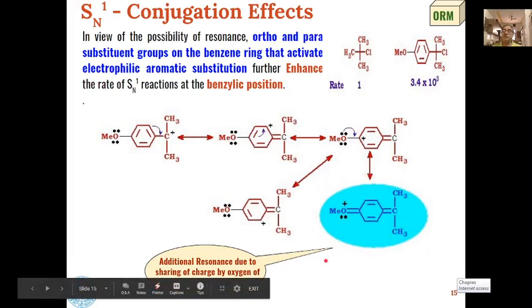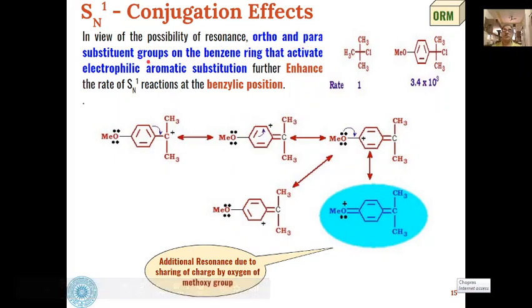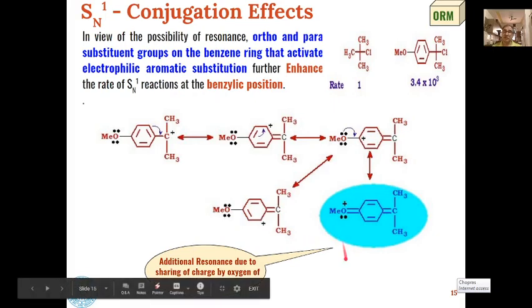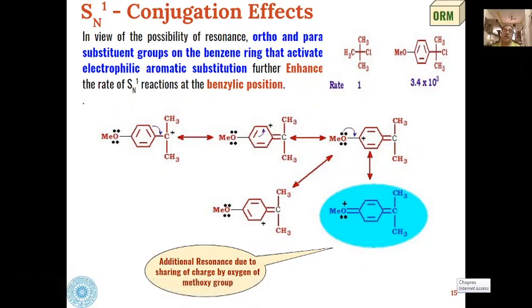Because of this, the stability of the carbocation formed by ortho and para substitution at the benzene ring will activate this ring, and enhancement of the rate of reaction will take place. So this is the effect of ortho and para substitution by electron releasing groups.